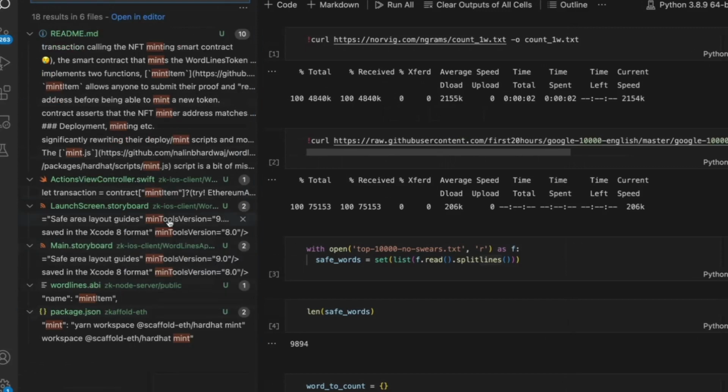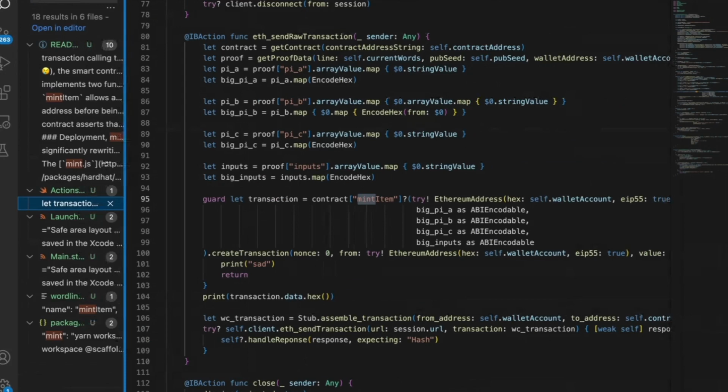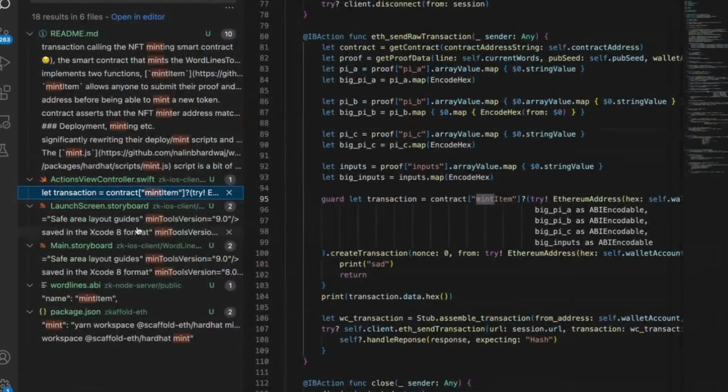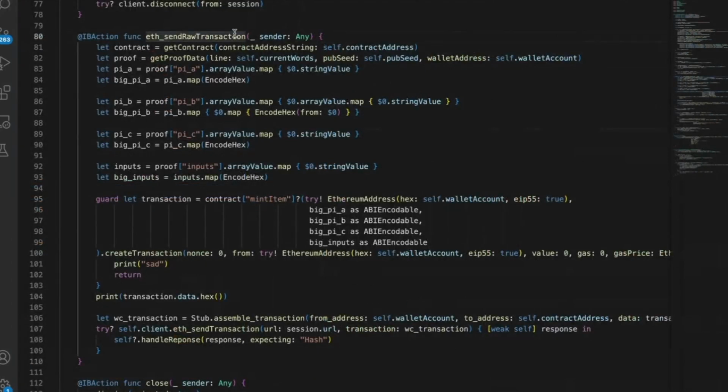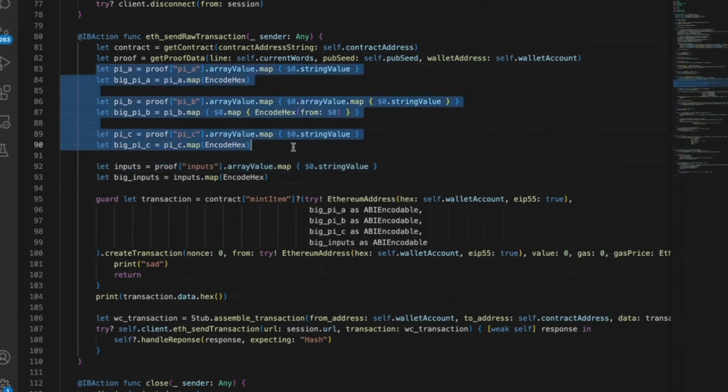But this was implemented in iOS, so I'm not finding the usual mint functions. Oh gosh, it's Swift. So ETH raw transaction, get proof data, and pi A, pi B. These are all the proof things, right? Is there a word for these pies?